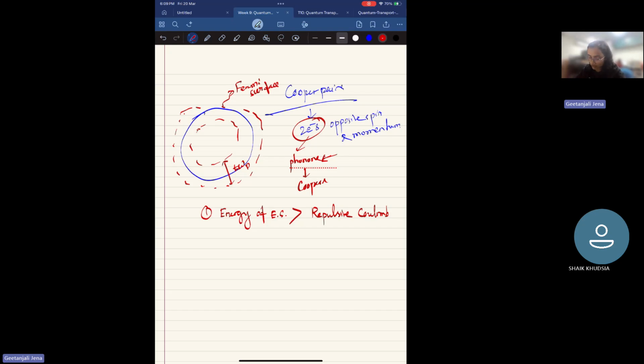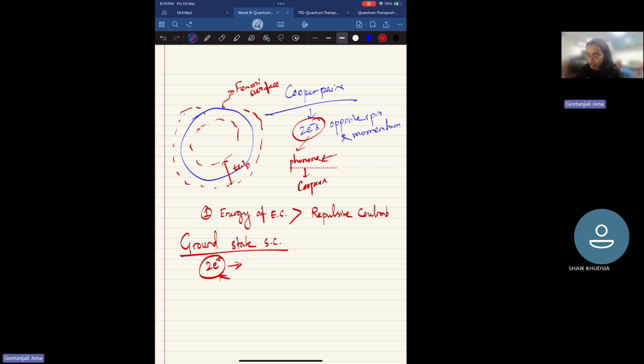So this is one of the conditions to form a Cooper pair, and one of the main conclusions of BCS theory. Now, if you look at the ground state of this superconductor, because they have two electrons, the ground state is formed by linear combination of the states of these two electrons.